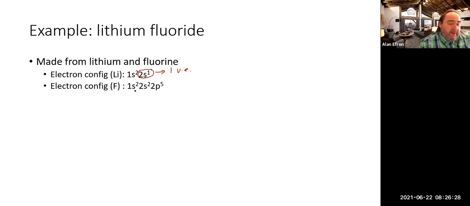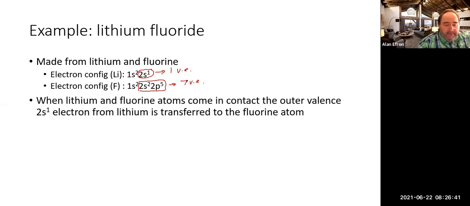When we look at fluorine, it has these electrons in the second energy level, and that would be 7 valence electrons, which would be group number 7 on the periodic table. So if we were to draw our Lewis dot symbols for each of these, we have our lithium here, which has 1 dot for its 1 valence electron. We have our fluorine with its 7 valence electrons.